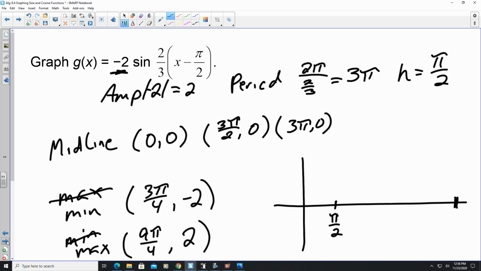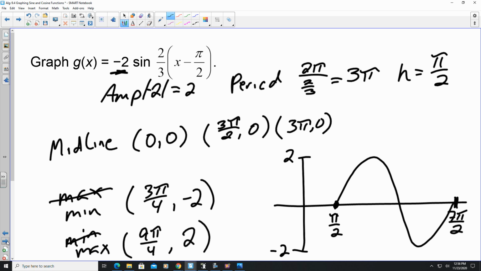So that turns into what? 7 pi over 2. So your graph will kind of look something like this. So it starts out at 0, 0 and kind of goes up and down from there, where this is 2 and that is -2. Okay.